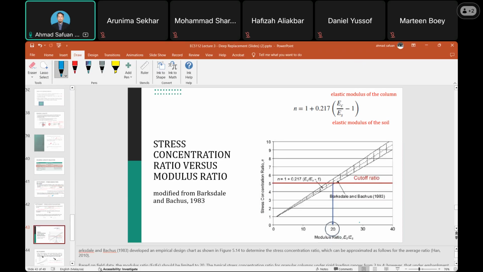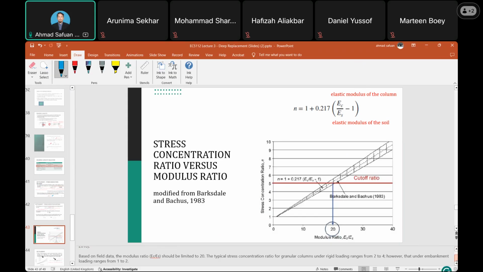So this is what we call the approach by Bartlett and Hewitt, who developed an empirical design as shown in Figure 5.14 here to determine the stress concentration, which can be approximated as follows, the average ratio. Based on the field data, the modulus ratio should be limited to 20.